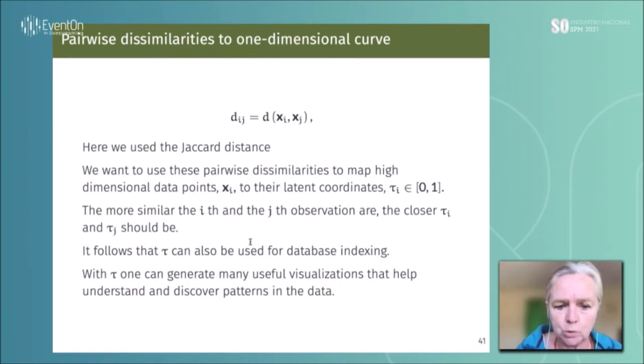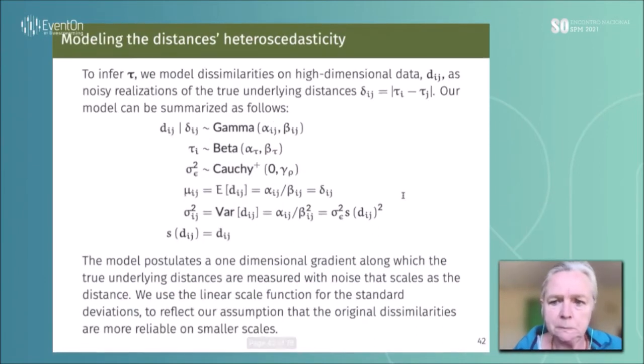So we suppose that the original true data are on this manifold, a latent manifold with a parameter, which is just one-dimensional, belonging to [0, 1], which I'll call tau. And then there's a true underlying distance, delta ij, which is the distance along the manifold. And we put prior distributions.